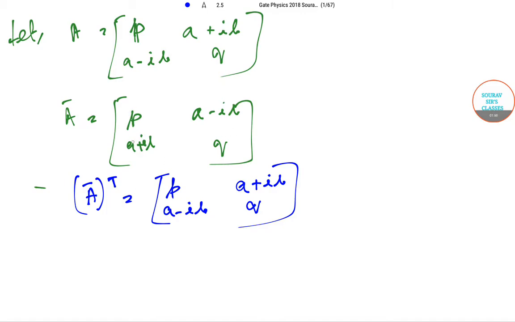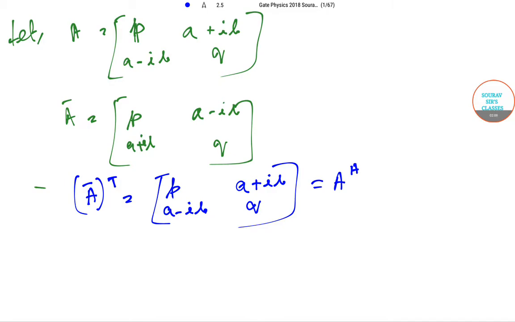Transpose means the row becomes the column and the column becomes the row. So, this is the Hermitian matrix of A.